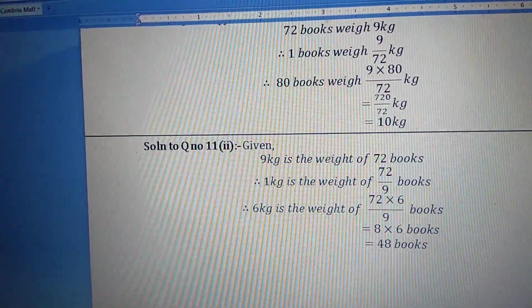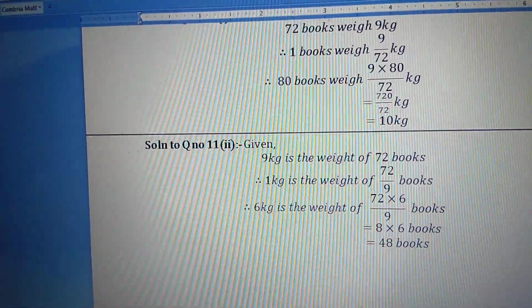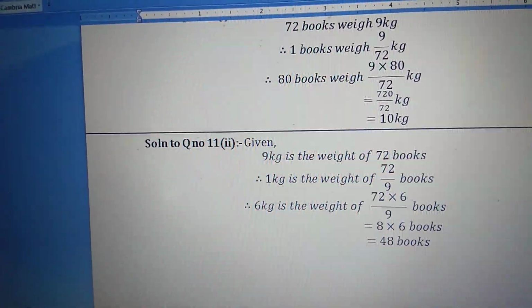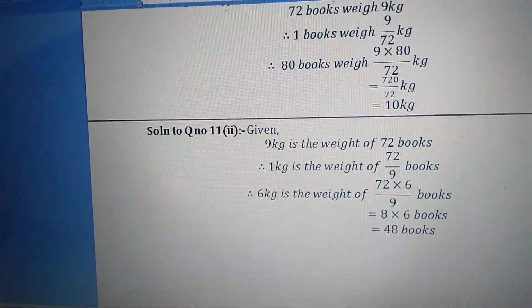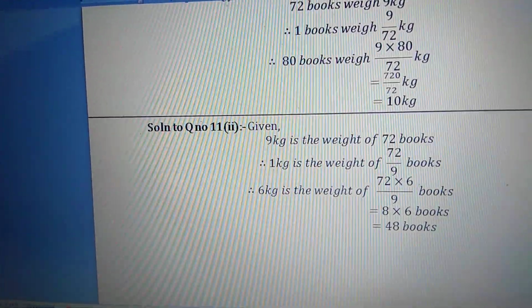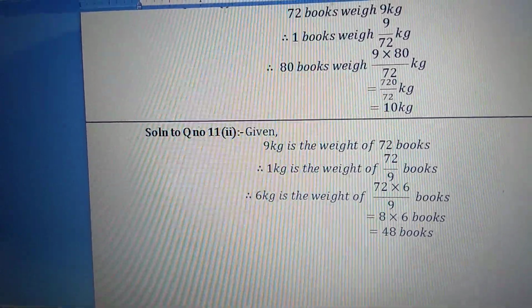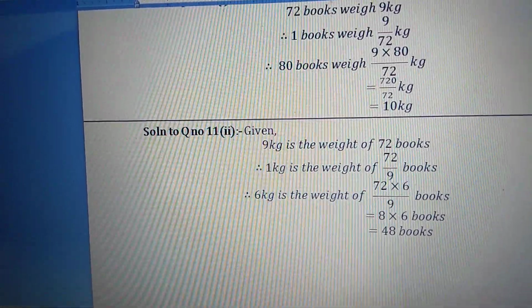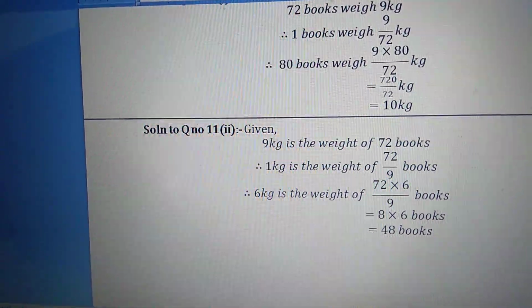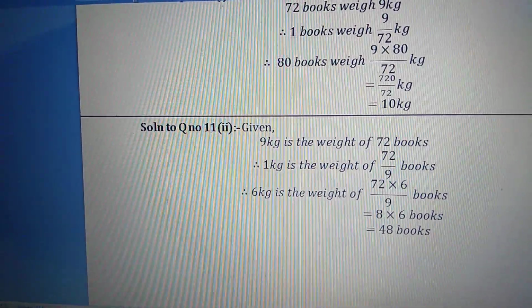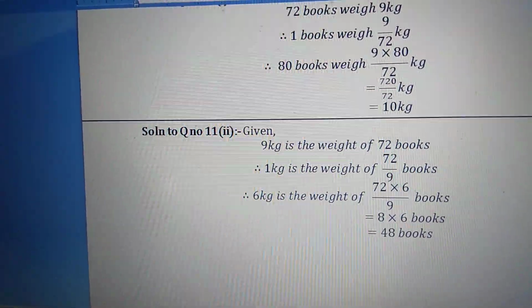Your own confidence can make you do the maths correctly. So the remaining problems which I have left, you will do as homework, and if you face any type of problem, then go through this video again and again. Your concept will be clear and you can solve by yourself.